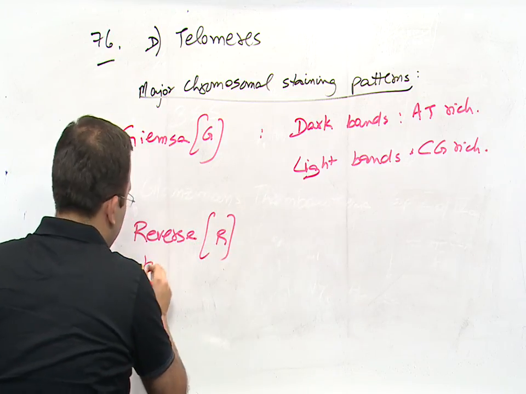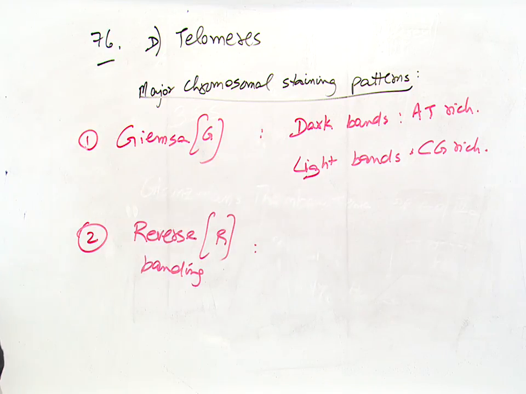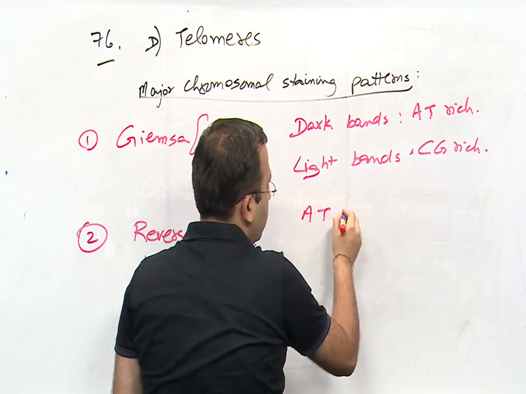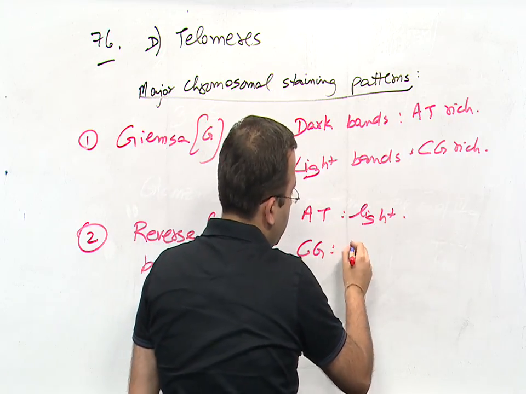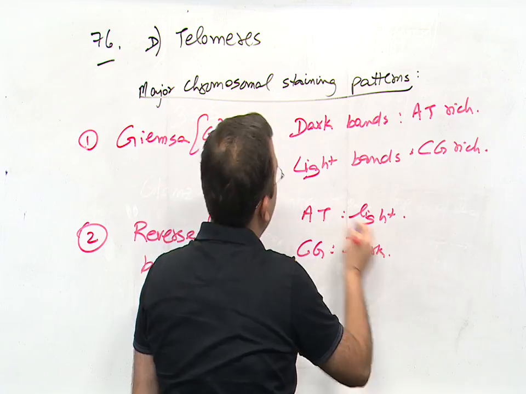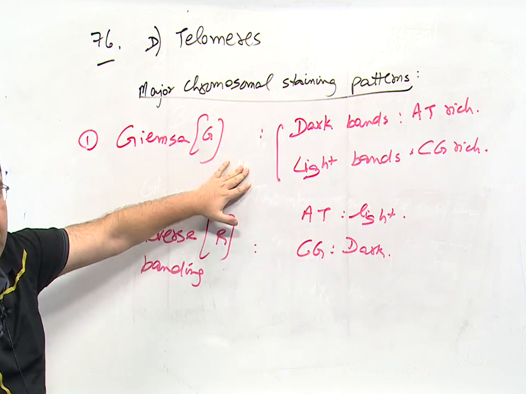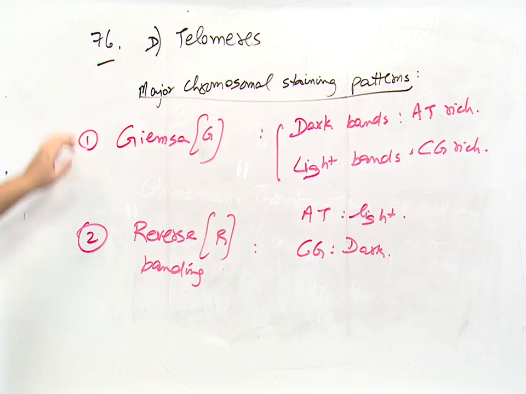Next is the R banding or reverse banding. This is the opposite of G banding. In reverse banding, AT rich areas are light, whereas CG rich areas are dark in color. Next, T banding, that is telomeres.